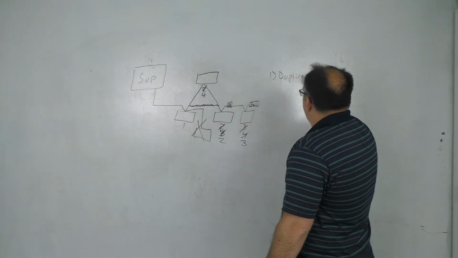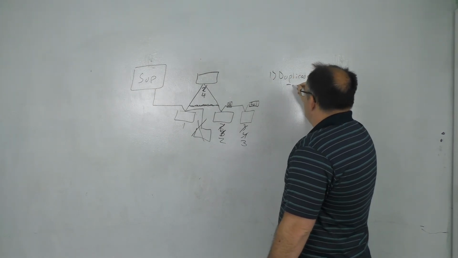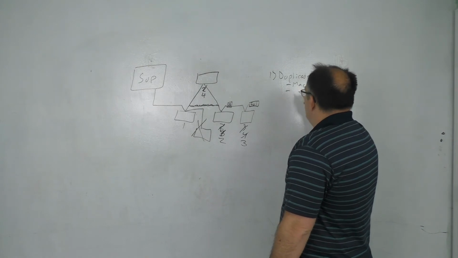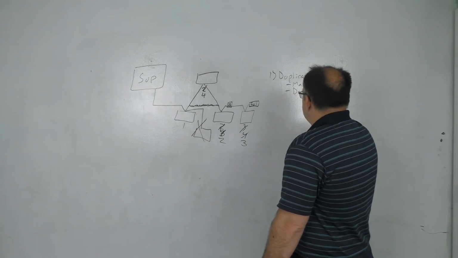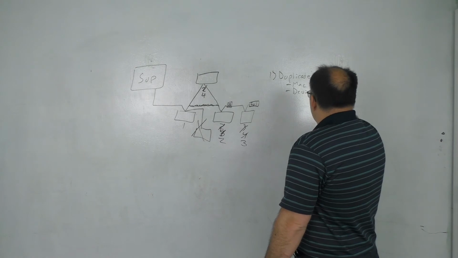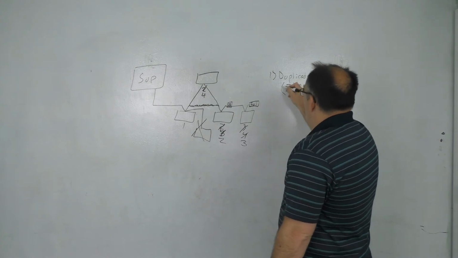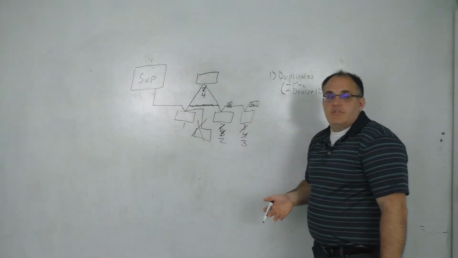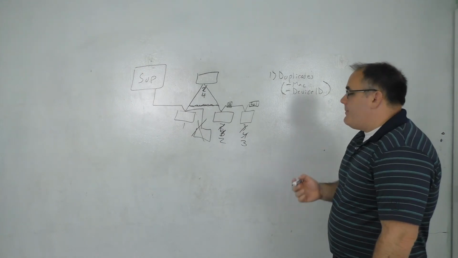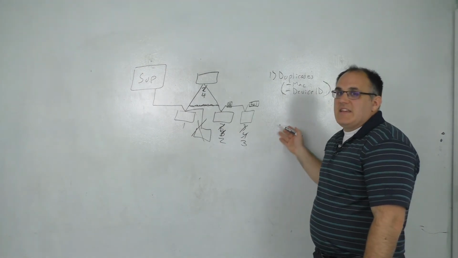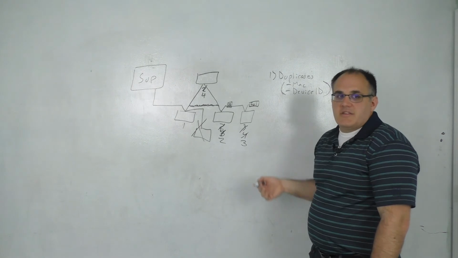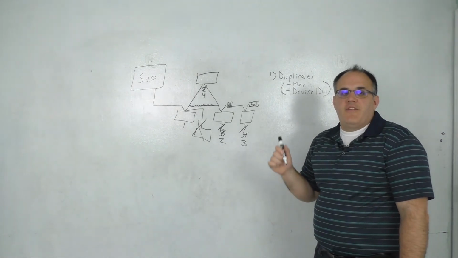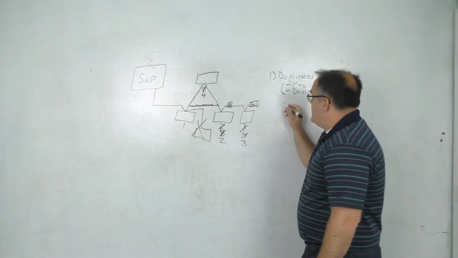When I say duplicates, I'm talking duplicate MAC addresses, duplicate device IDs. These things are very detrimental to your trunks. With duplicate MAC addresses and device IDs, these things can take down your trunks. So that is one of your first issues.